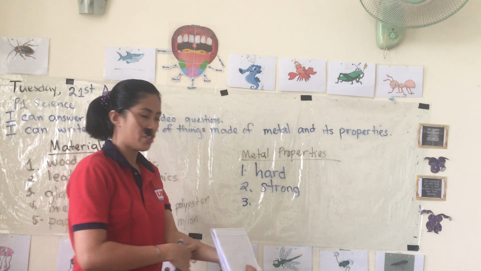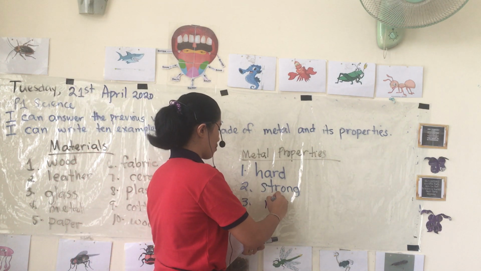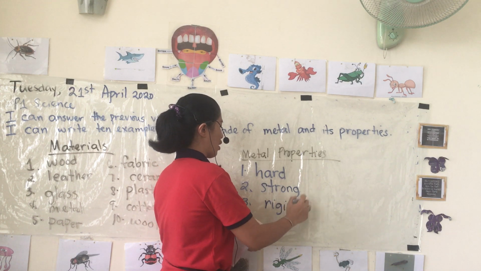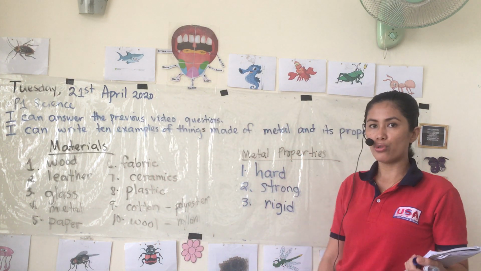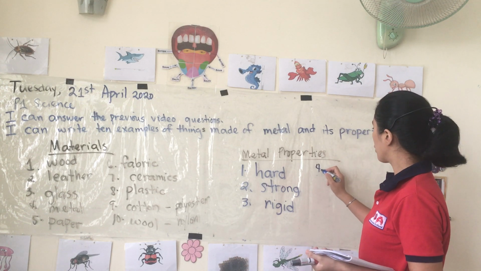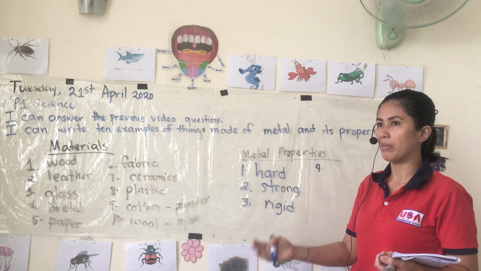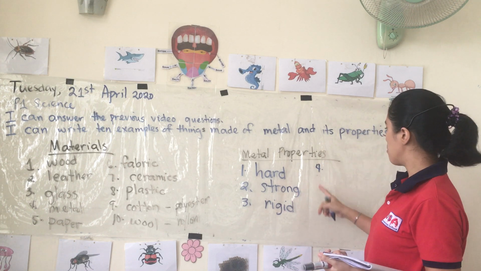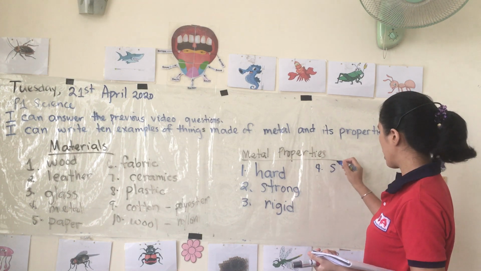Hard, strong, and rigid, right? Rigid is similar to strong and hard. What other properties can we describe about metal? Some metals are shiny.